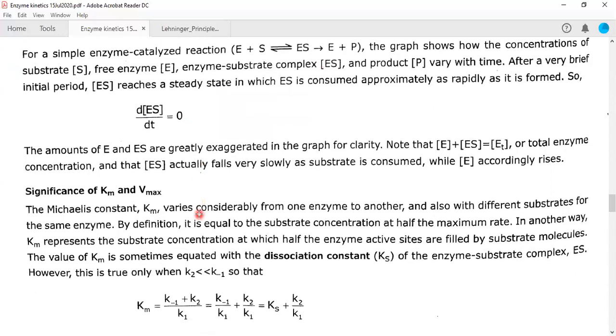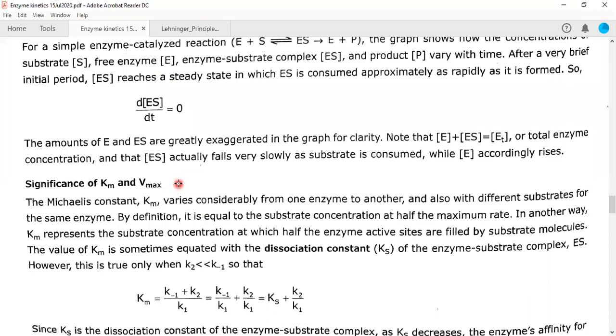Now, what is the significance of Km and V maximum? Before starting this, if you have any queries, please ask so that we can start the significance of the Michaelis constant and the V maximum value, which we have derived from this equation.